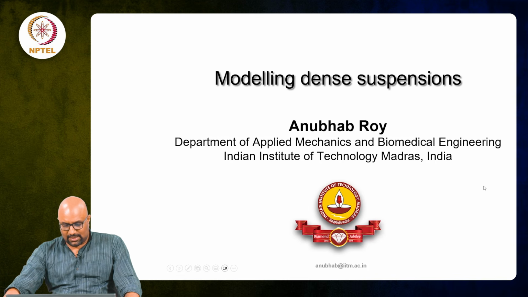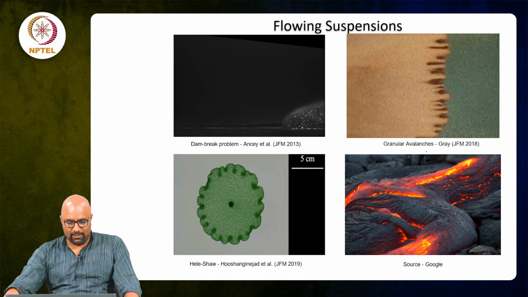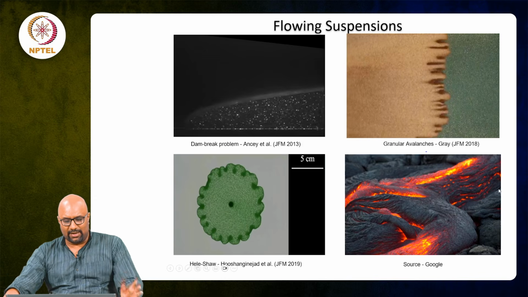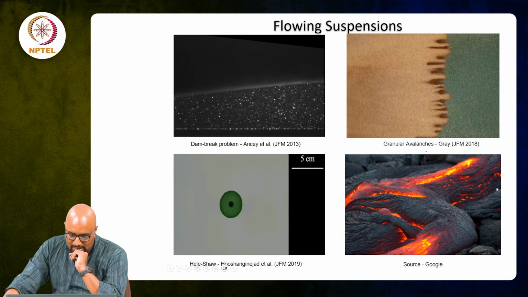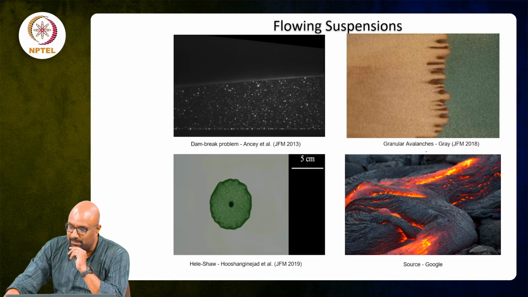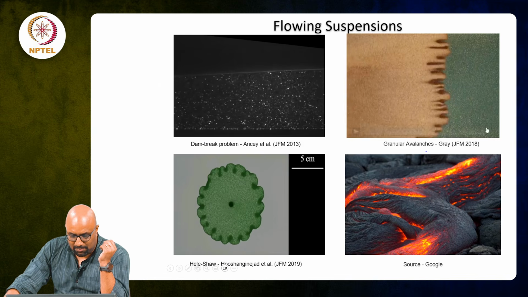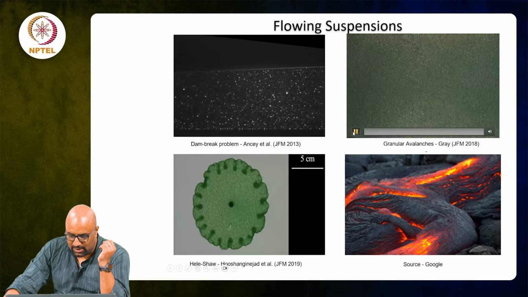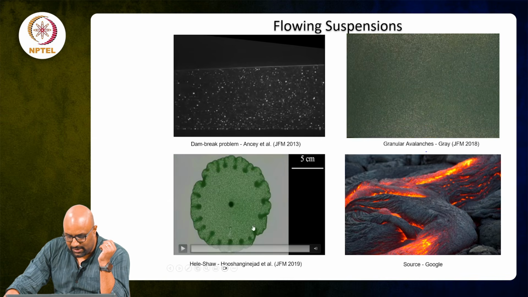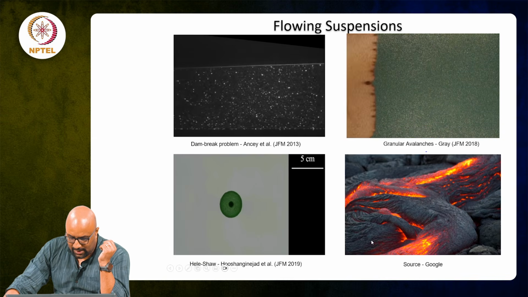Now, this occurs in a wide variety of problems, both in the built world as well as the natural world, and these are just some examples of flowing suspensions. Just for visualization purposes I have chosen problems which in some cases also have an interface present in them.